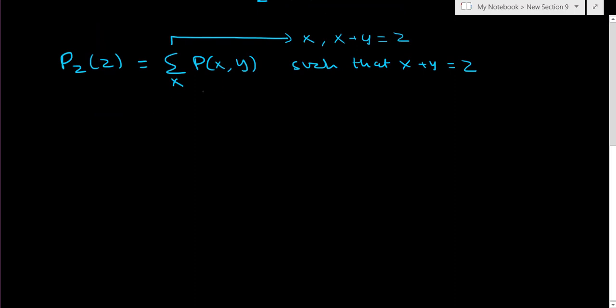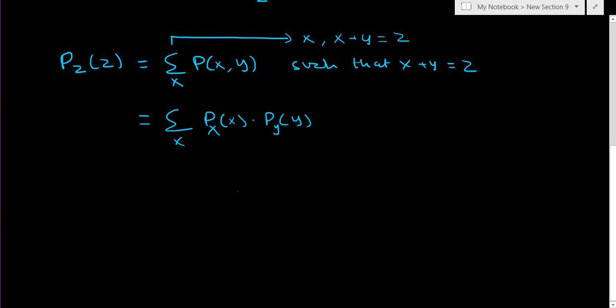The way of finding this function is, because I know that x and y are independent, I can write this as the sum over x of the product of p x into p y, right? I can do that because these are independent, and since independence applies, the combined probability function is just a product of the marginal probability functions.